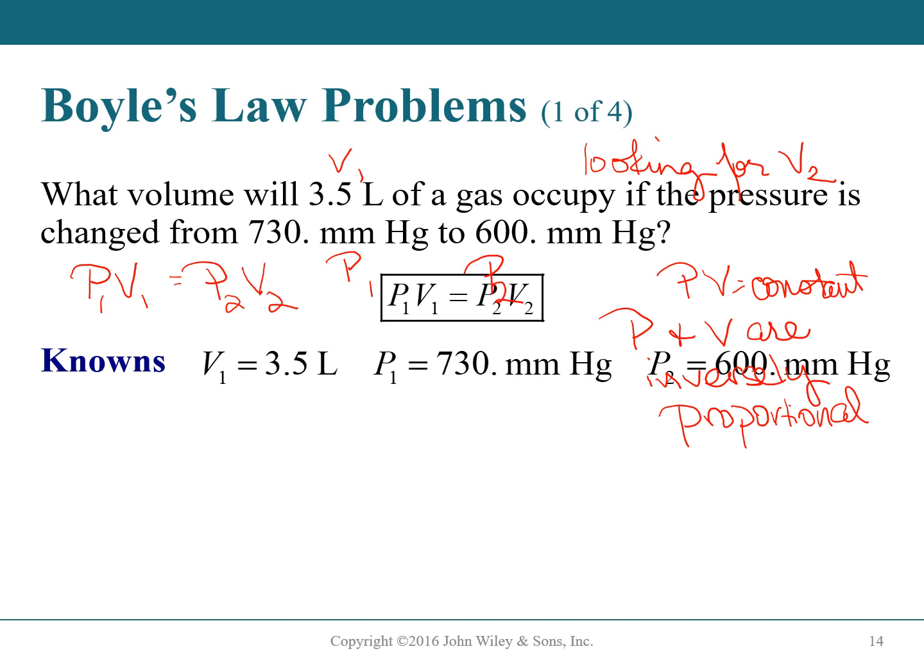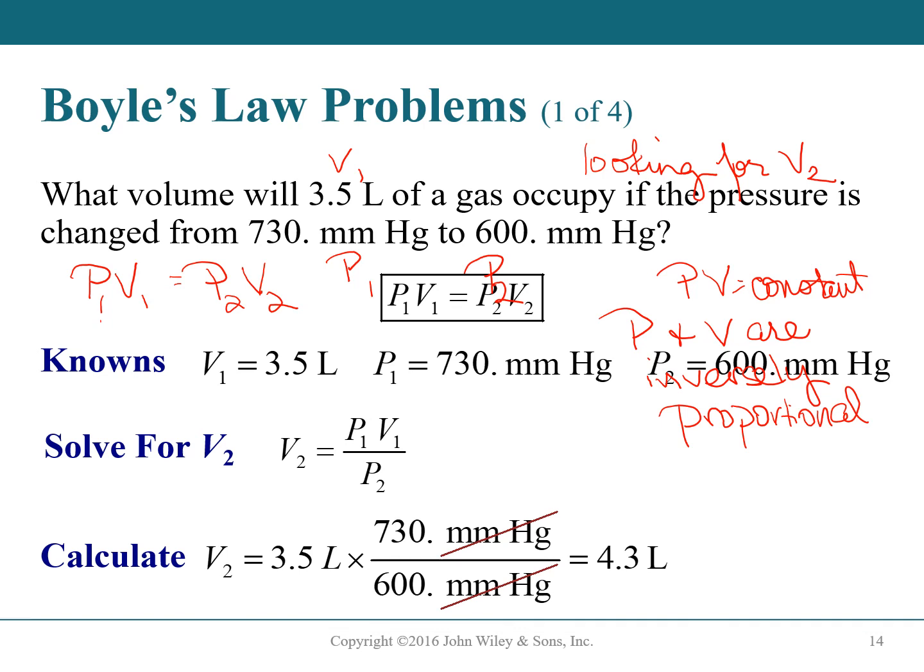We have all of our values here. We rewrite our formula by dividing both sides by P2, then plug in our numbers. Notice we didn't need to convert our pressure to atmospheres because as long as the units are exactly the same, they'll cancel out. And our answer will be given in liters and two significant figures.